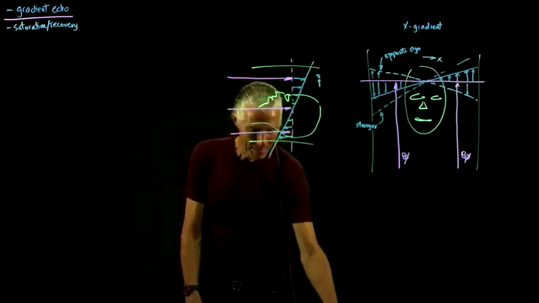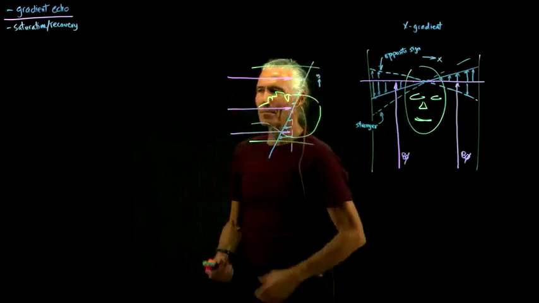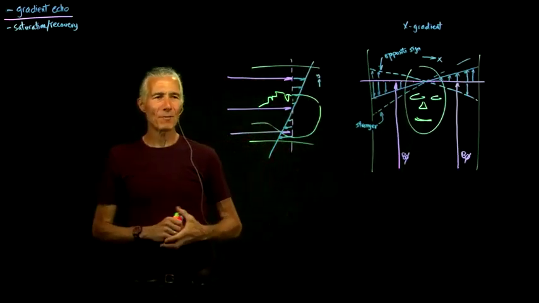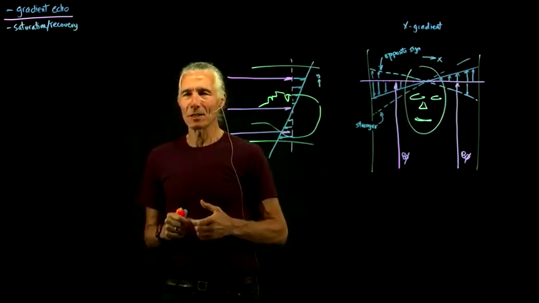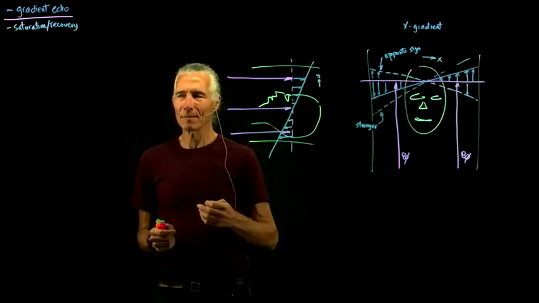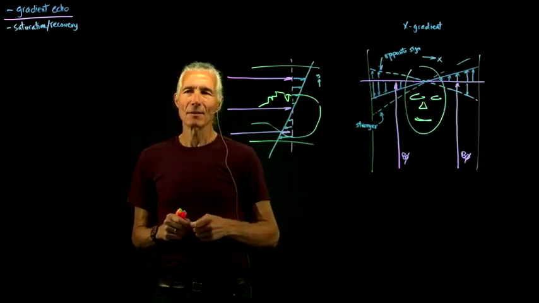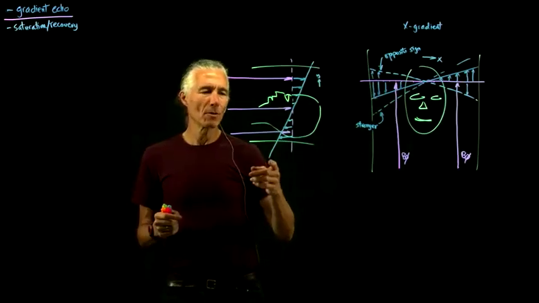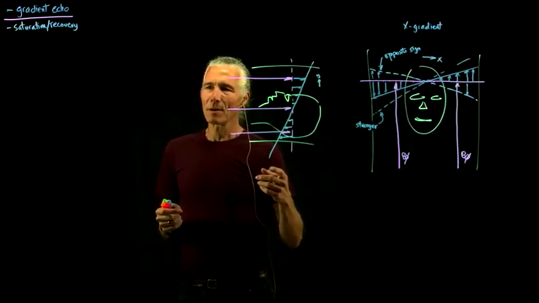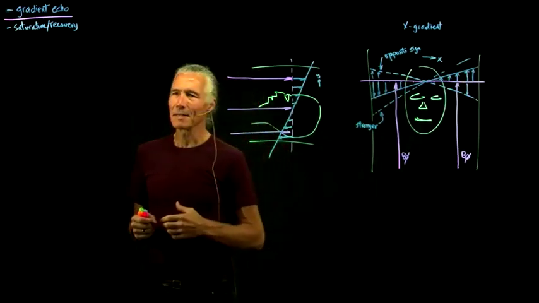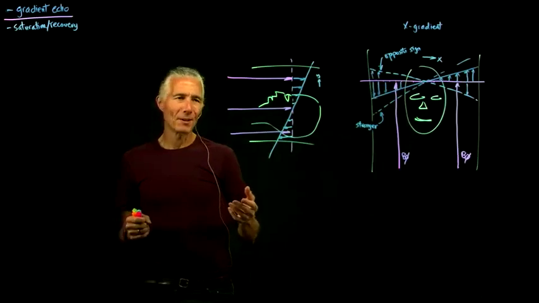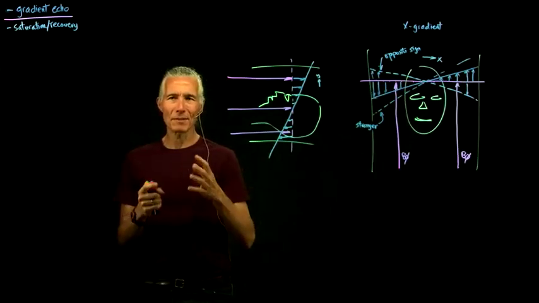So if gradients mess up the signal, why mess around with them? Well, if we want to make any kind of an image, we need a gradient. Virtually all the data that you record in the MRI is recorded with a gradient on, and that's the reason why we mess around with gradients at all, because otherwise they just mess up the signal.